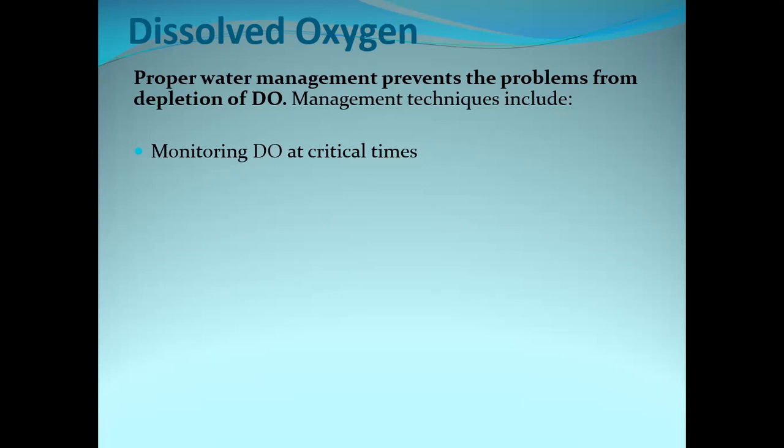So the first thing in the morning is the best time to test to see the lowest concentration you have within the system. If your lowest concentration is under 5, you need to add aeration into that tank at night time. So it's a good time to know when to add oxygen, because that's the lowest point.